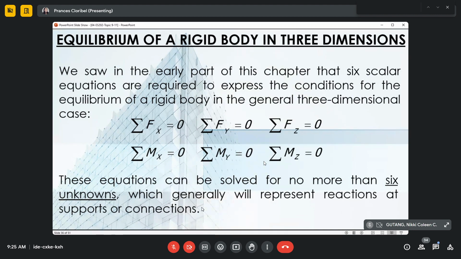In 2D, I have shown you the table of different groups of reactions, showing how many unknowns or reactions there are depending on which supports or connections are being used in the structural system or structural member.